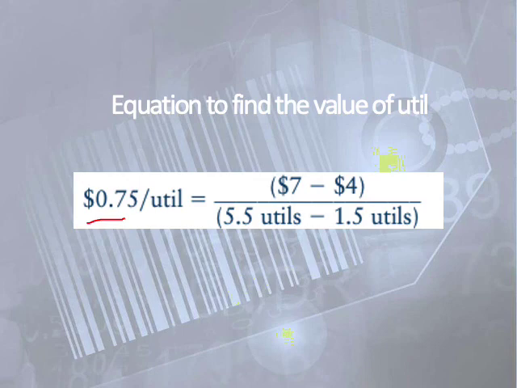So you allocate monetary. So monetary equivalent, which is in our equation 0.75, round it off to $1 per util.